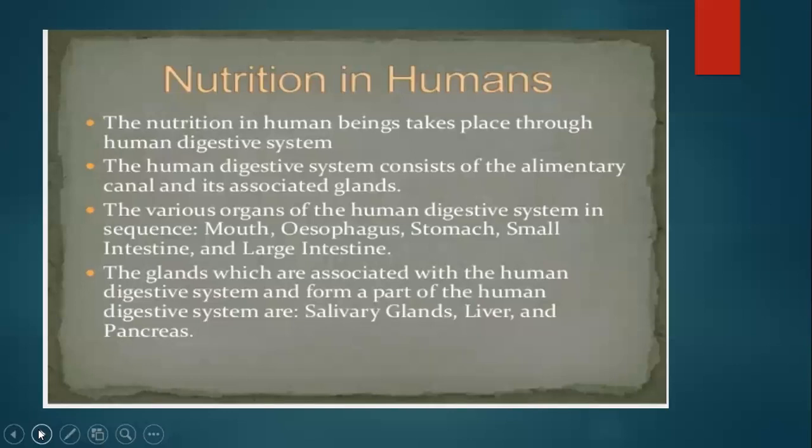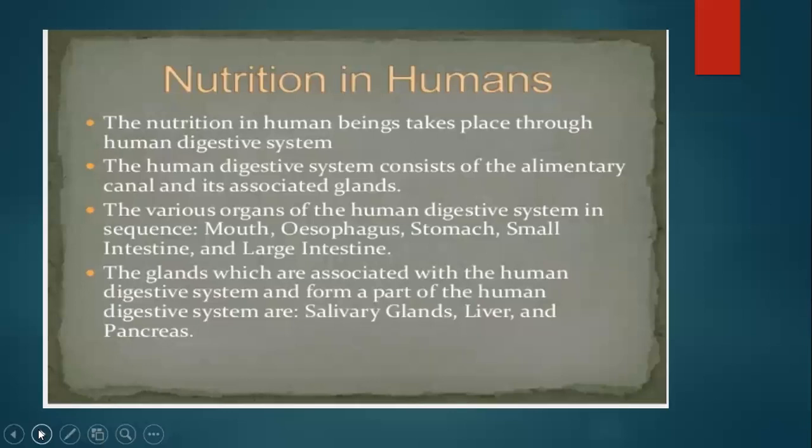Nutrition in human beings takes place through the human digestive system. The human digestive system consists of the alimentary canal and its associated glands.